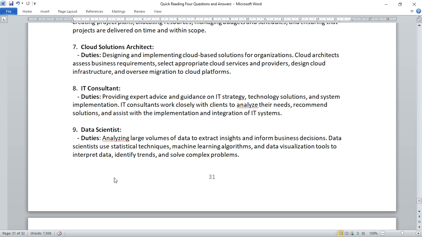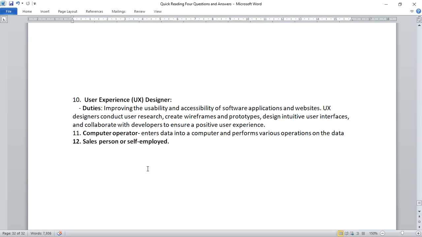This is a guy responsible for analyzing large volumes of data to extract insights and information for business decisions. We have user experience designer, UX. This is a person who is responsible for improving the usability and accessibility of software applications and websites.